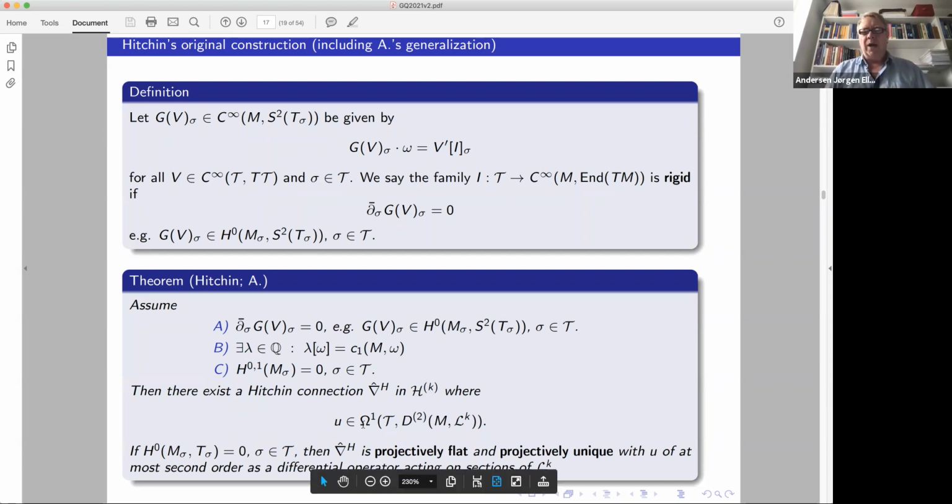It's given by a 1-form on T with values in second order differential operators. And if you moreover have that there are no holomorphic vector fields on M, then this connection will be projectively flat, and it will be projectively unique among second order differential operators. So basically a unique projectively flat connection. It's as nice as you can possibly want.